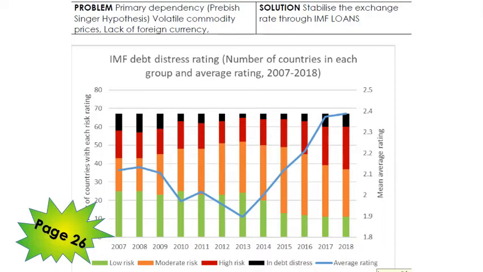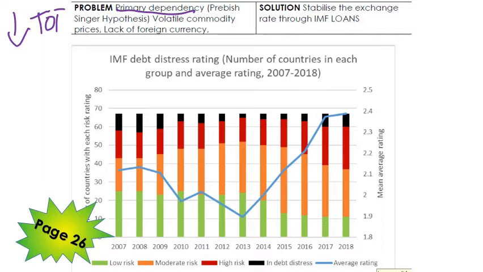If you go to page 26 in your book, as you can see at the top there, the development problems that are linked to this are primary dependency, so in terms of low value added, and the poor terms of trade that come from that. And because of that, there can be a deterioration in the balance of payments.